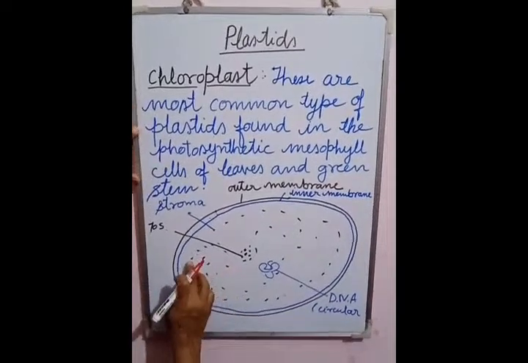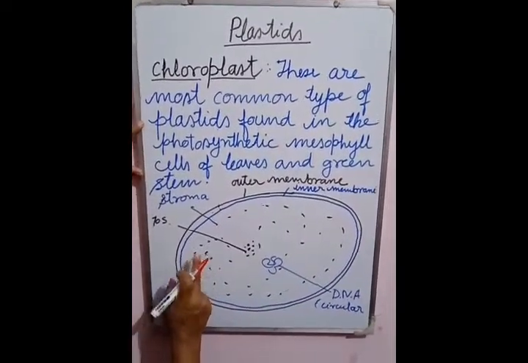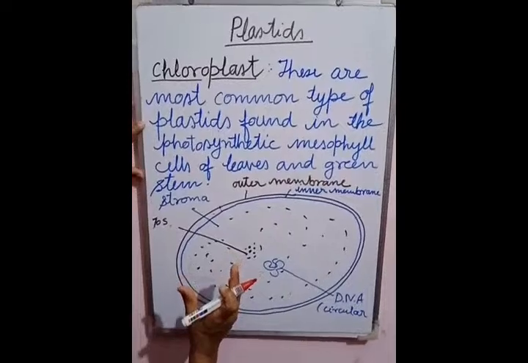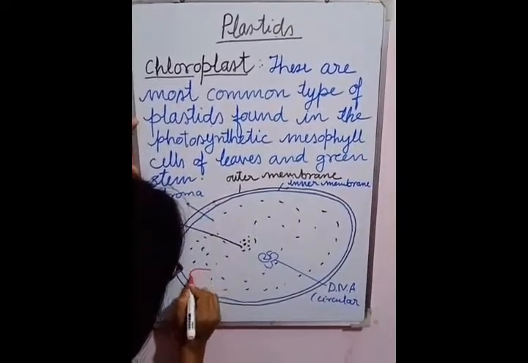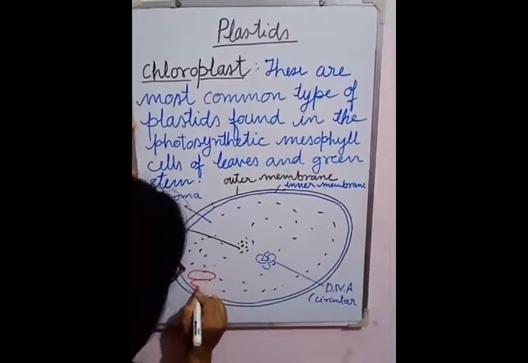The inner membrane is invaginated to form a number of oval-shaped closed sacs called thylakoids. This is the thylakoid.